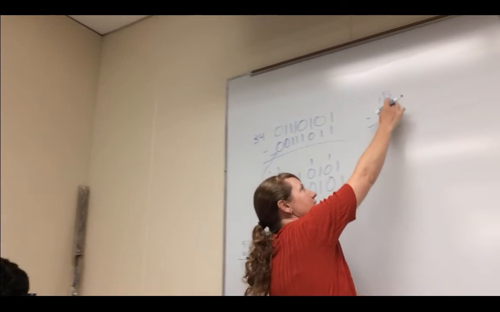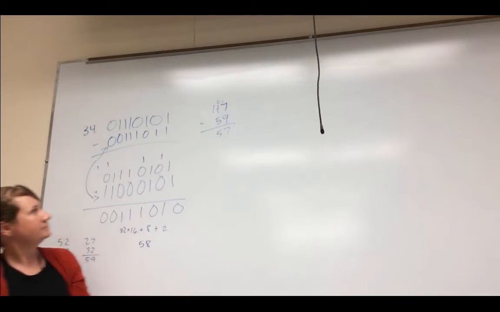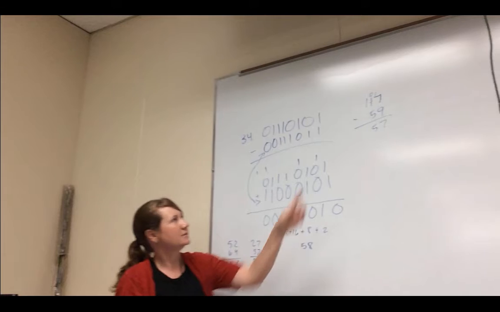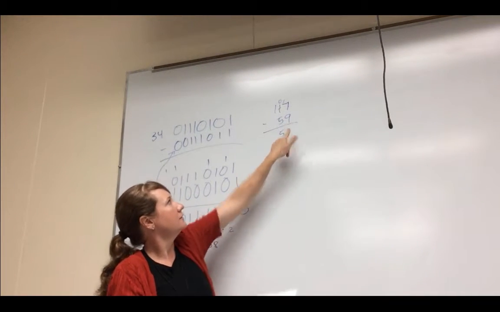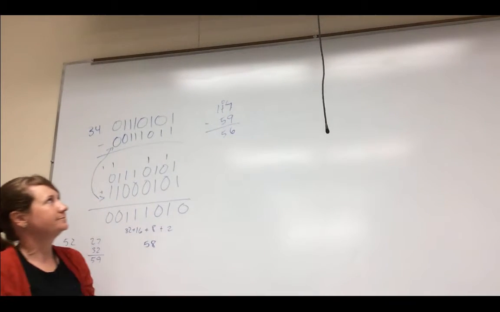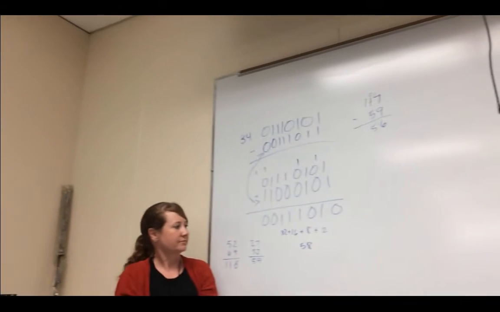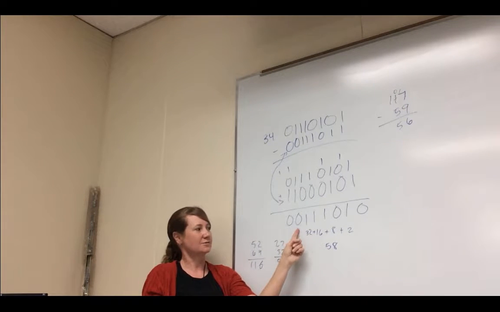Well, right here, this is actually 117. Wait. So 7 plus 9 would be a 6. And actually, then what did we do wrong here? Did I translate this wrong? No. 2, 4, 8, 16, 34.